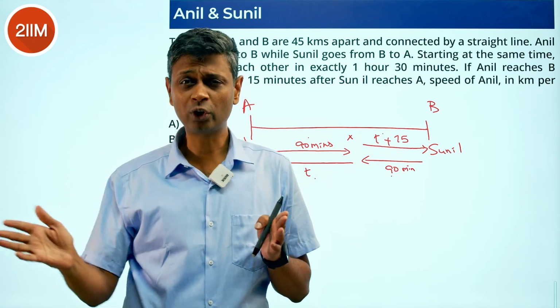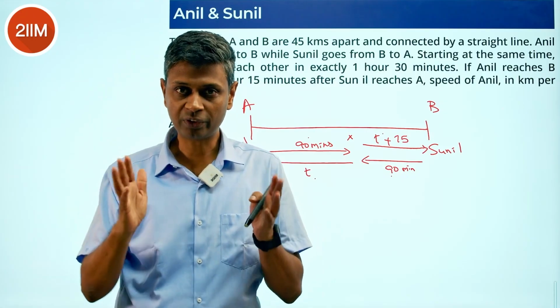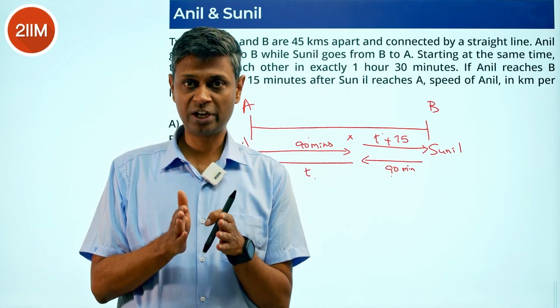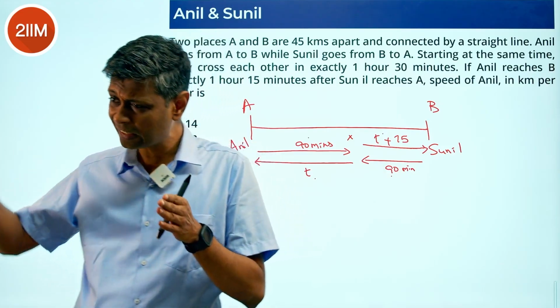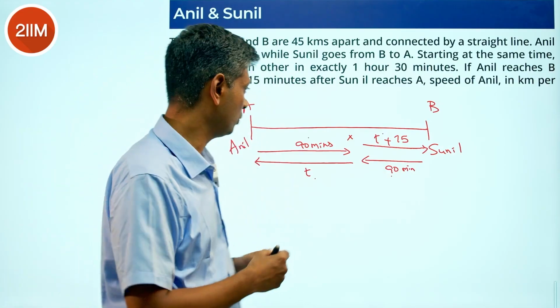If you travel 200 or 2000 kilometers, the ratio of time taken will still be 2:3. As long as both of you travel equal distance, time taken will be in the same ratio.